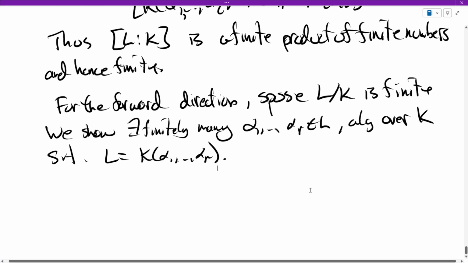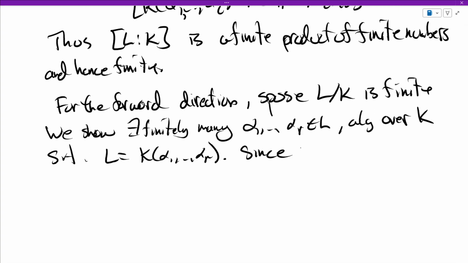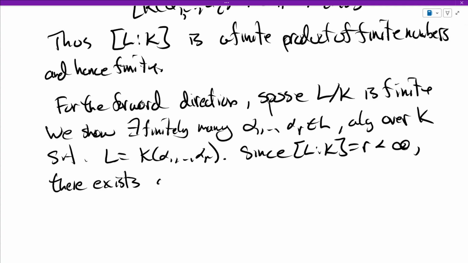All right, so how does that go? Well, since L over K is finite, let's say the degree is R less than infinity, there exists a K basis alpha 1 through alpha R. And that's the definition of degree.